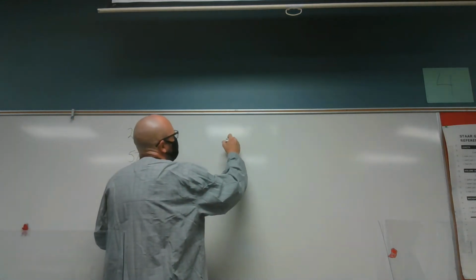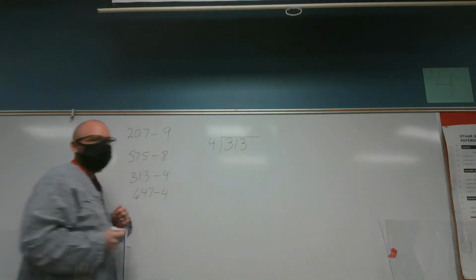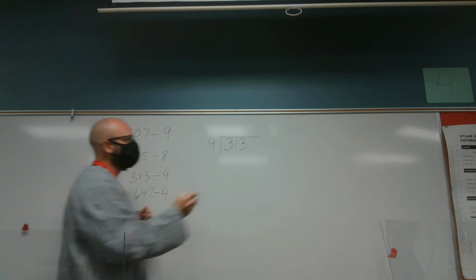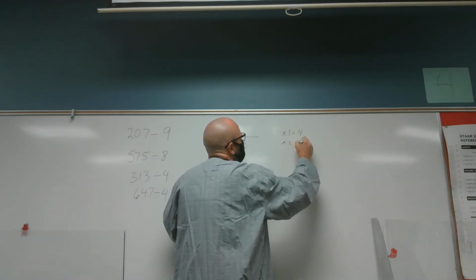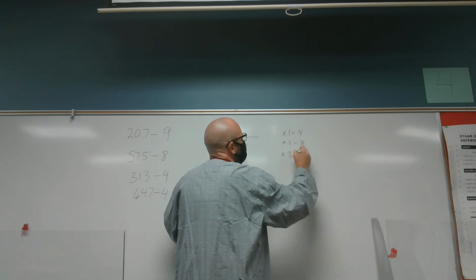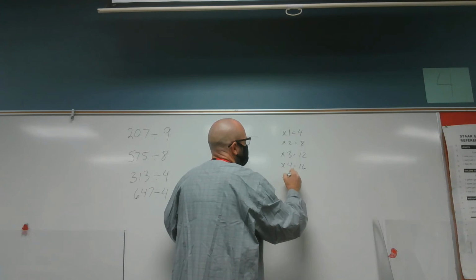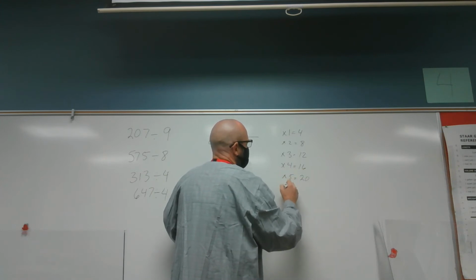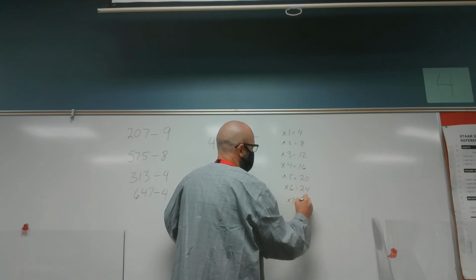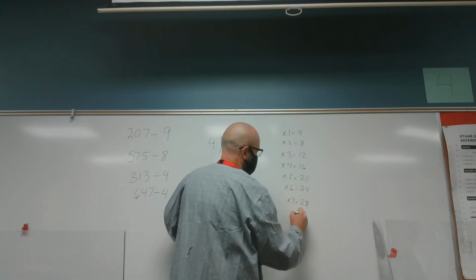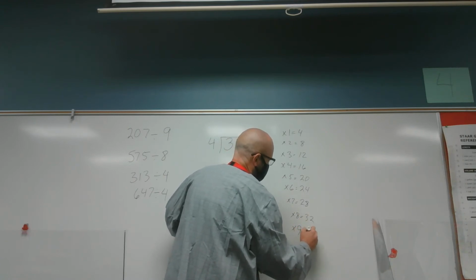313 divided by 4. First thing I do is list my multiples of 4. So times 1 is 4, times 2 is 8, times 3 is 12, times 4 is 16, times 5 is 20, times 6 is 24, times 7 is 28, times 8 is 32, and times 9 is 36.